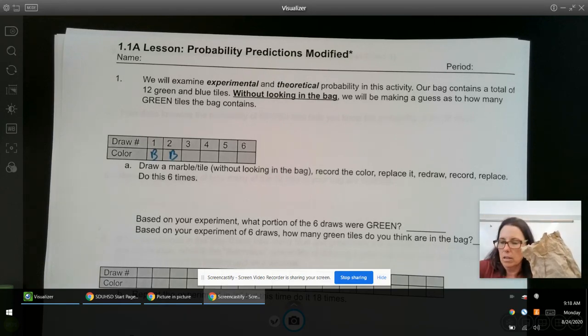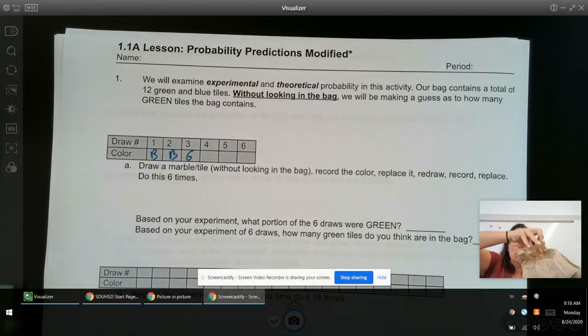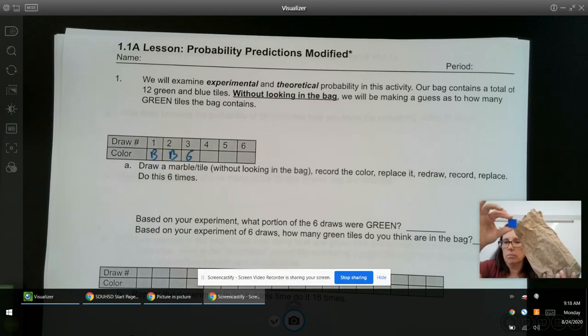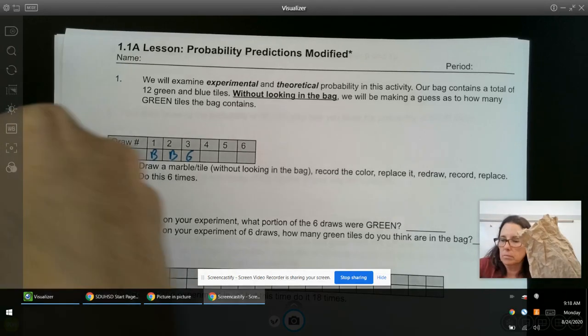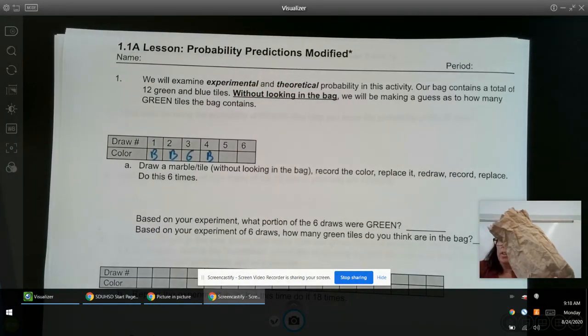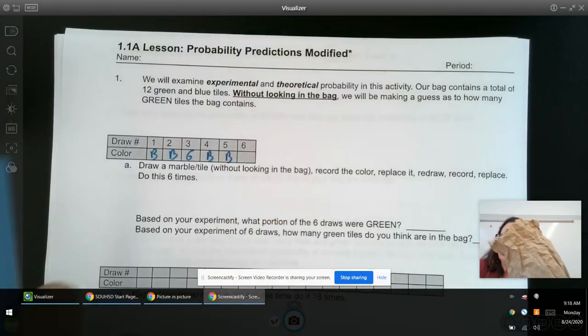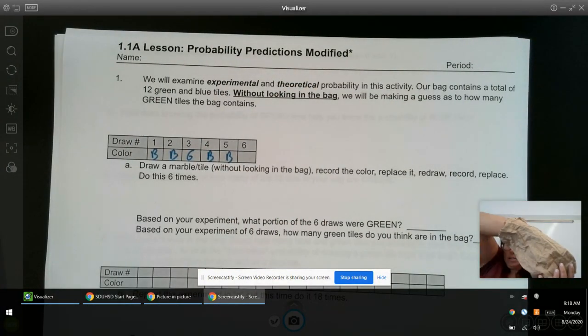Green. Fourth draw, blue. Fifth draw, blue. And the sixth draw, blue.